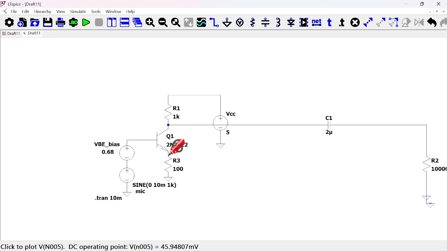But it's also affecting the gain. So let's see the current here. And the current is 400. What happens is, whenever you put in emitter resistance, it limits the collector current.